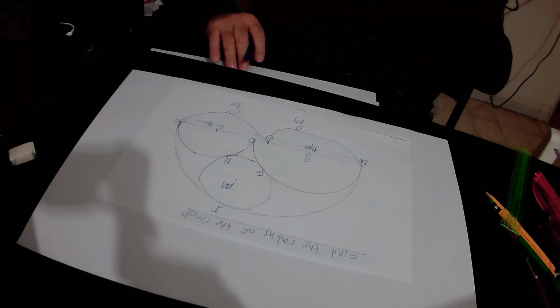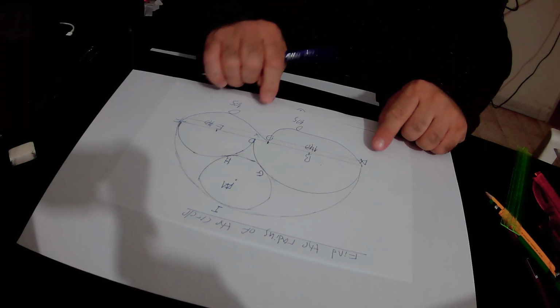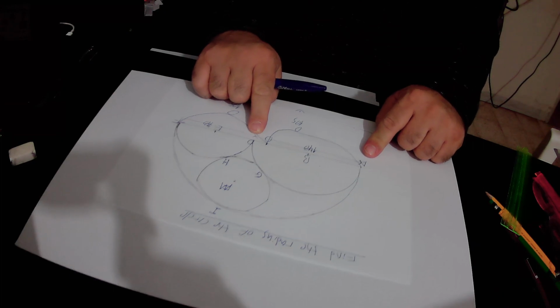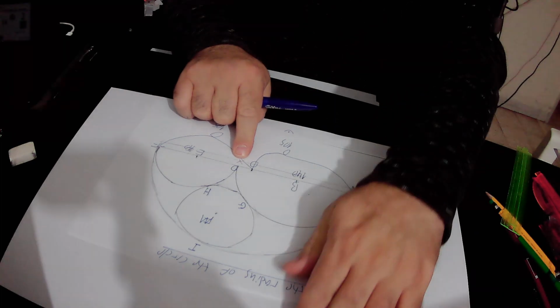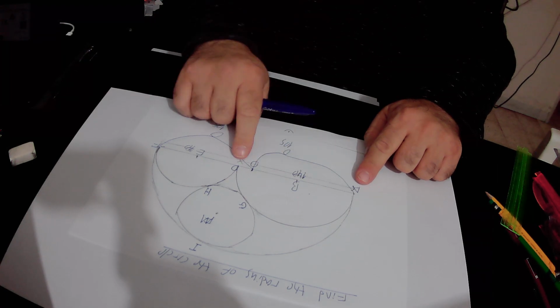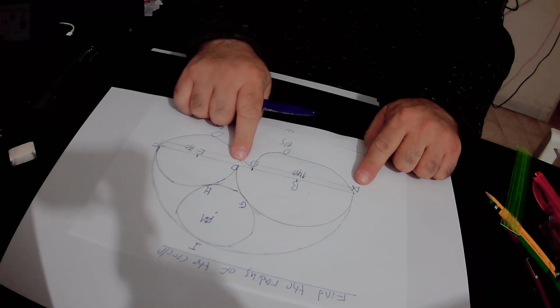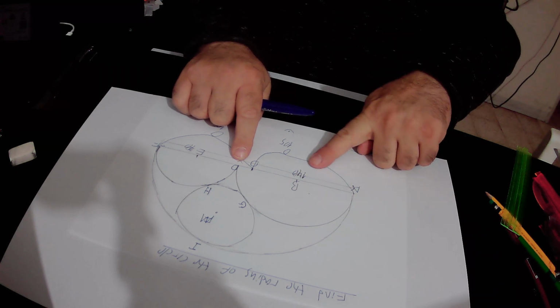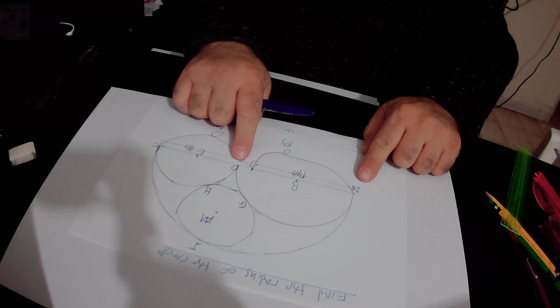And actually, it is given in the question that AD equals 140 units. Okay? But what is AD? AD is the diameter of this semicircle. And because the diameter of this semicircle equals 140 units, it means that the radius must be equal to half of it.